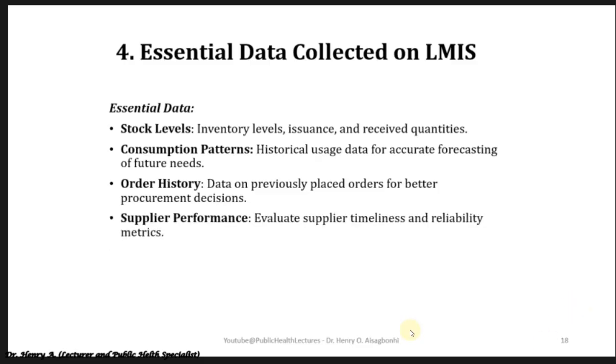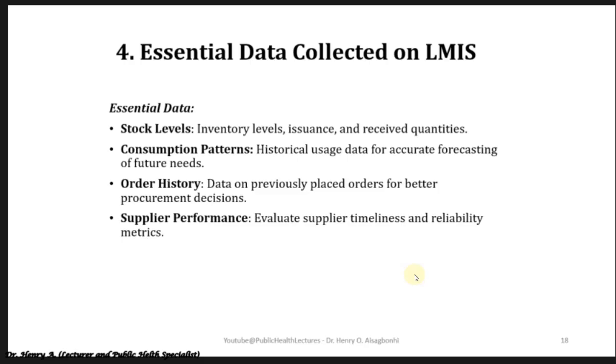Let's move on. We have the supplier performance. Now, this is often overlooked, but very important. The LMIS tracks supplier timeliness. It tracks the quality of goods that the supplier has been supplying over time and how reliably those goods have been delivered.